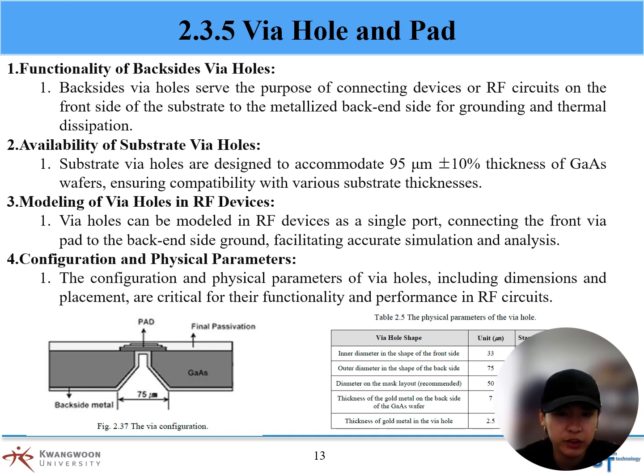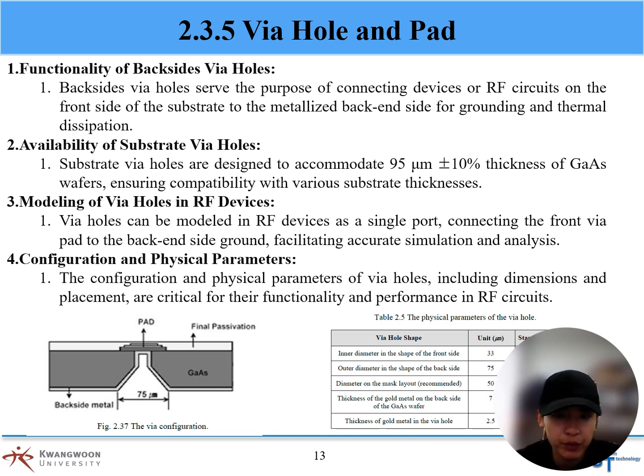The substrate via holes are designed to accommodate 95 plus or minus 10% thickness of GaAs wafers, ensuring compatibility with various substrate thickness.